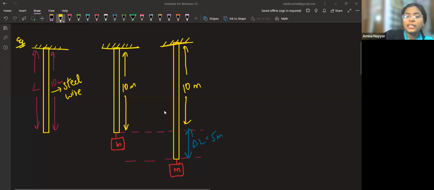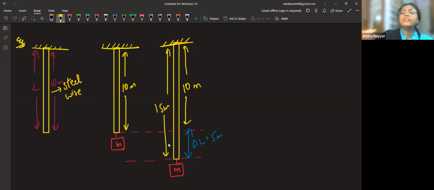So the total length now will be 15 meters. Initially it was 10 meters original, the actual length of the wire. It has increased by 5 meters because of this mass, and the total length has become 15 meters.